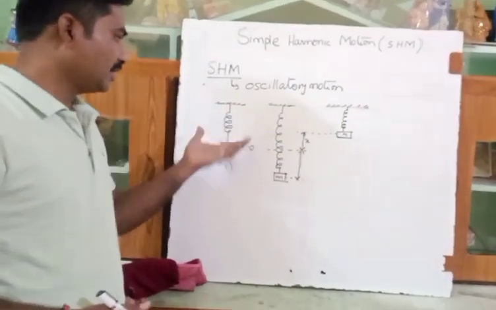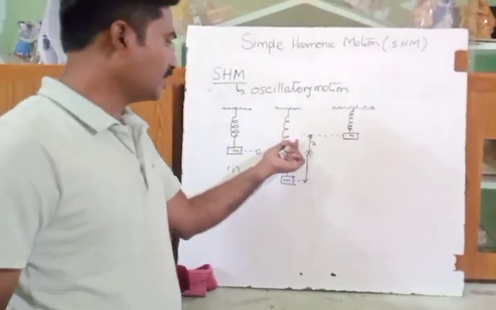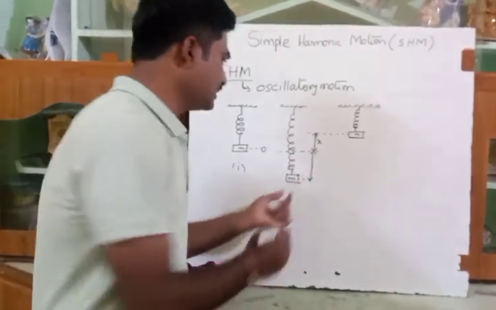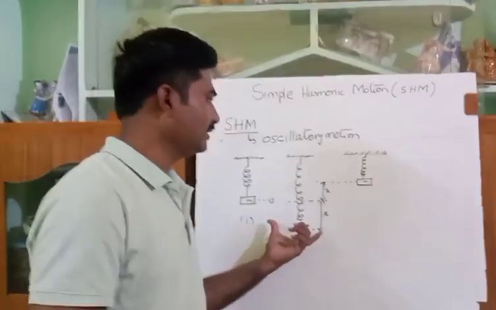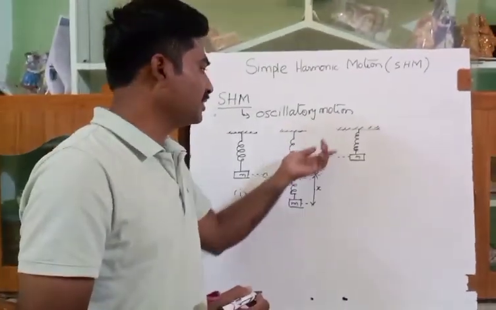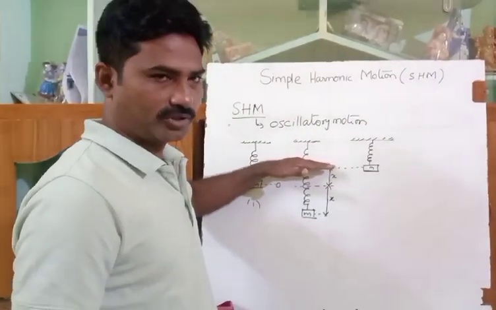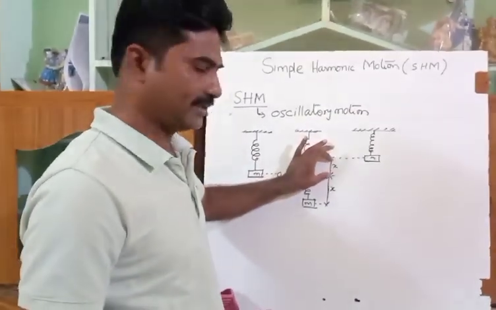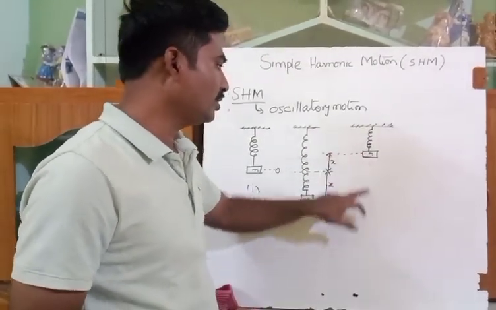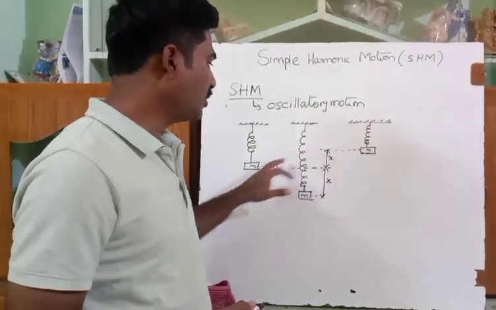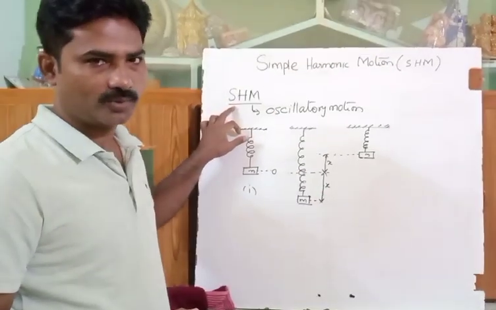First case is the oscillating body is at rest position. Now when we are pulling this mass to a distance x from the mean position and then released, what happened? It overshoots the mean position and reaches above the mean position, to a distance x, and it can't stop here, and it continues to oscillate up and down about the mean position. This type of motion is called as simple harmonic motion.